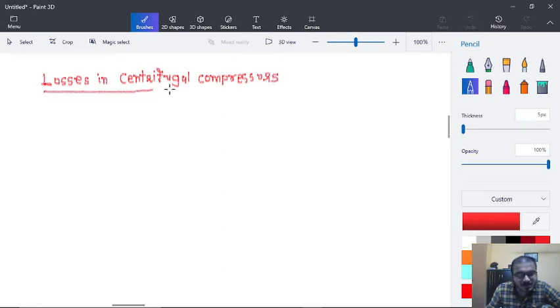So let us first make a list of the losses. First and major is frictional losses. Second is incidence losses.